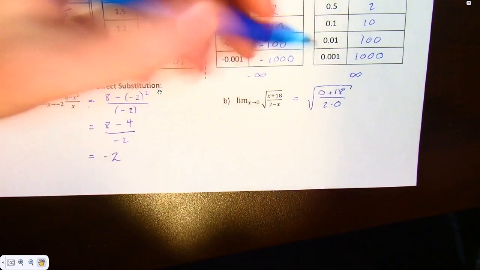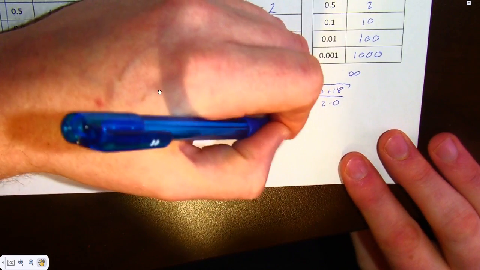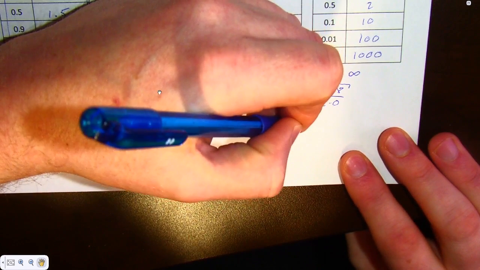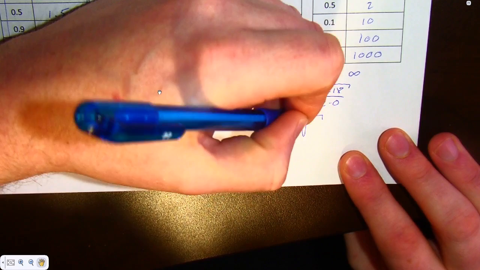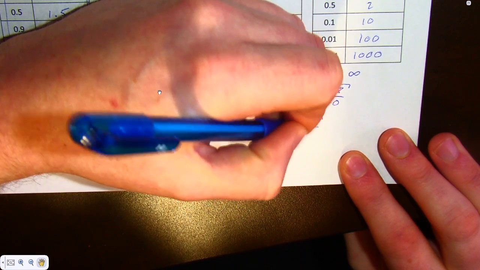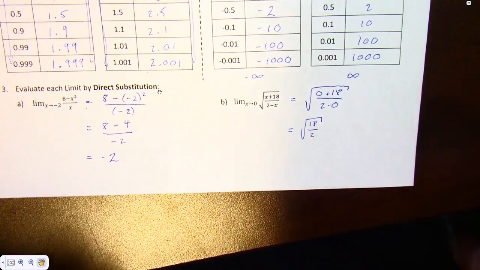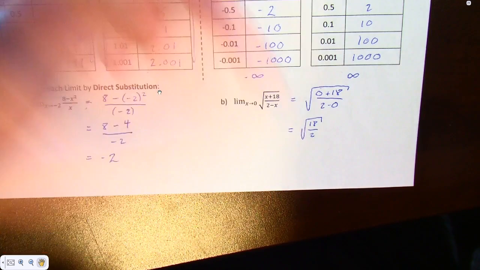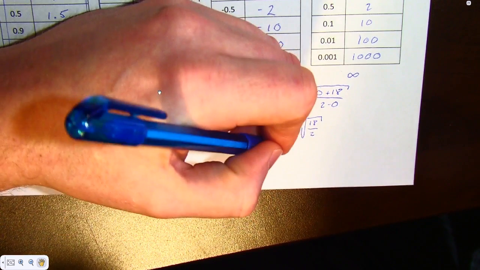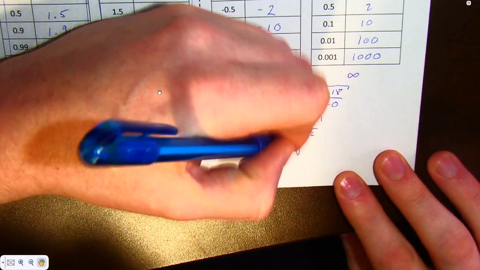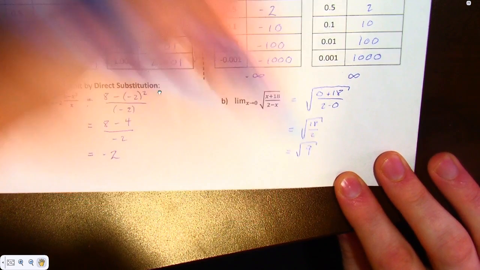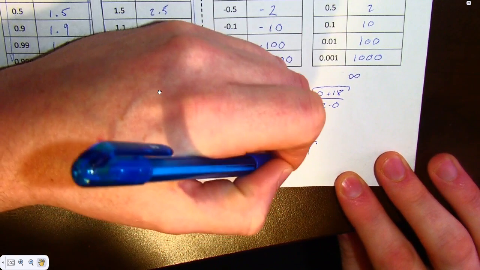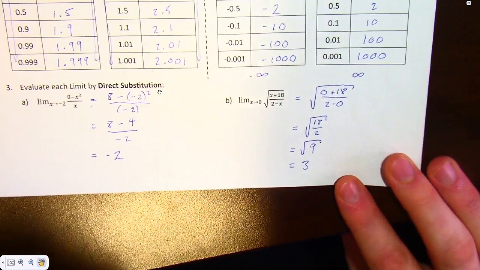But when we do this, you can see we're not having any of those problems. Okay, we get a positive 18 over a positive 2. So they're both positives. We don't have to worry about negatives. And of course, you've got a 2 on the bottom of the fraction, so we don't have to worry about dividing by 0. So we just get the square root of 9, which is 3. Okay, and that's all there is to it.